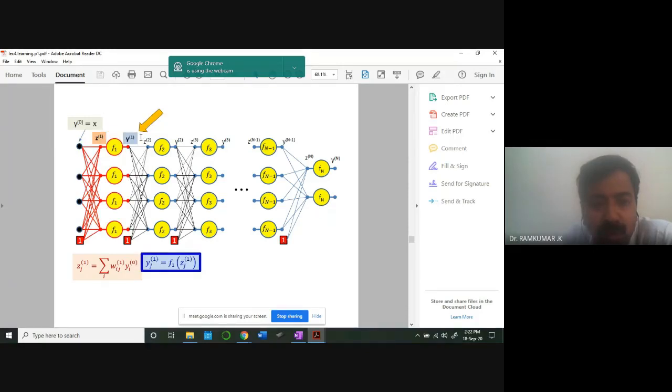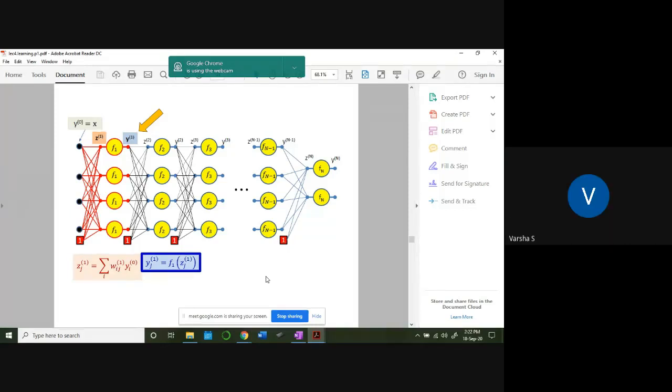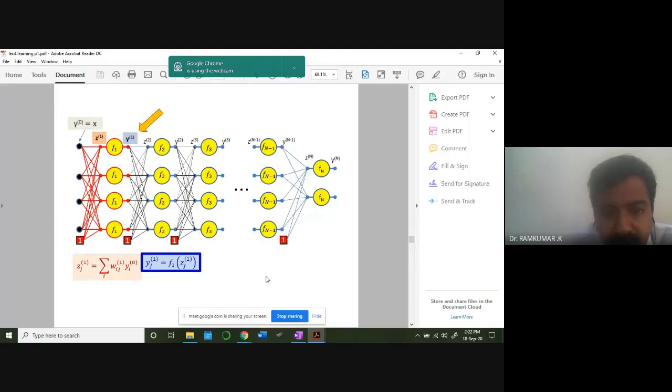What does this Y1 indicate? The output after the activation function. After you compute the pre-activation function, you have to pass it through the activation function. That's what Y1 indicates.